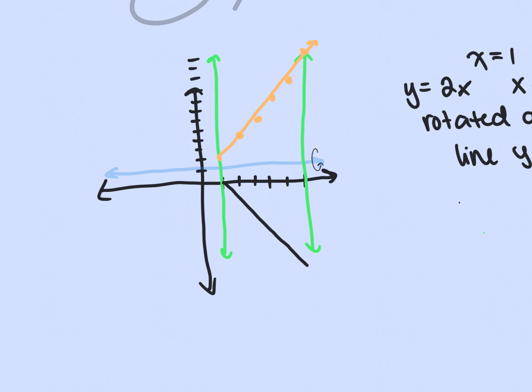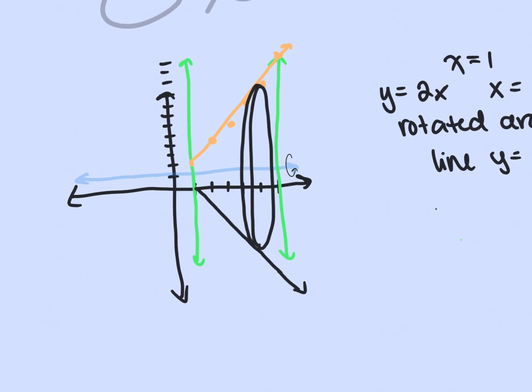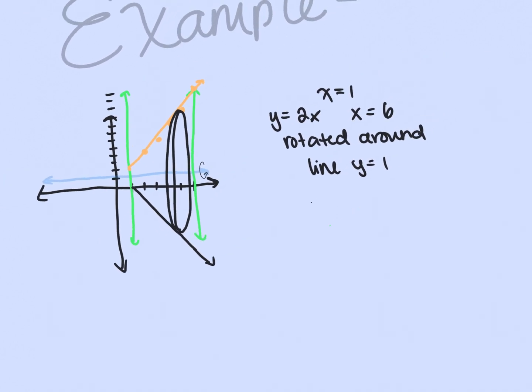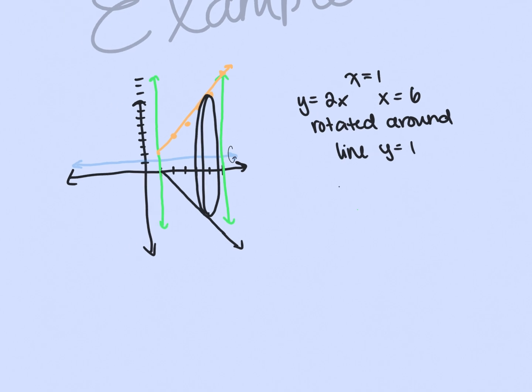It's kind of a cone shape. It's going to go like that. Our discs are kind of big. They're going to come like this.